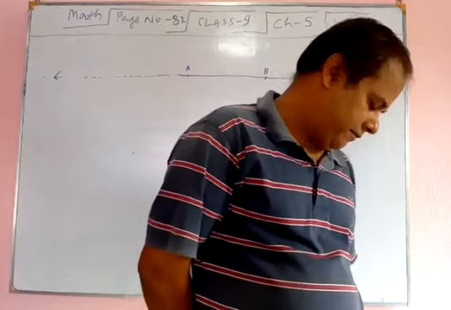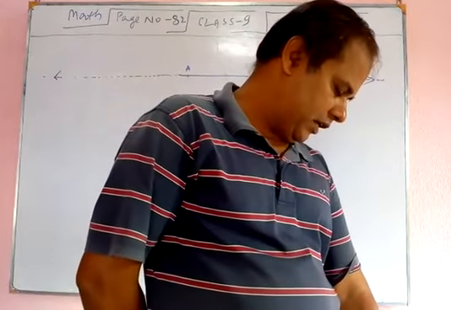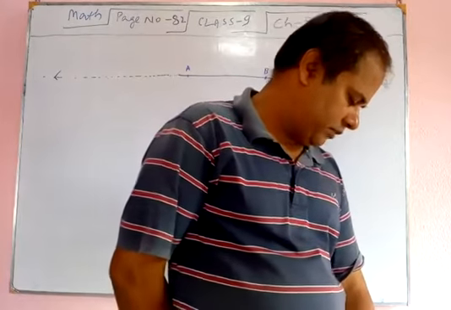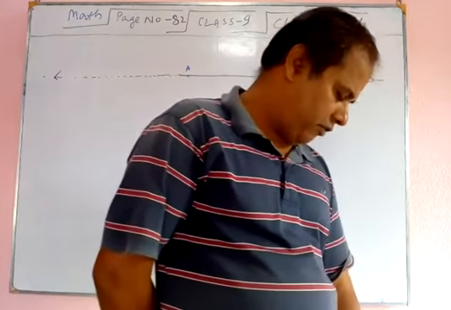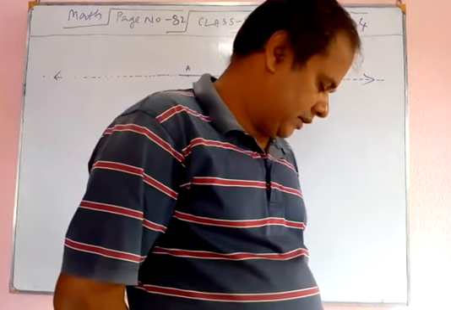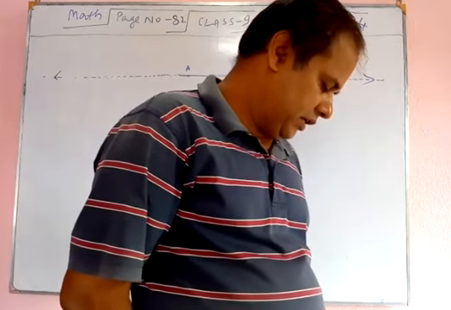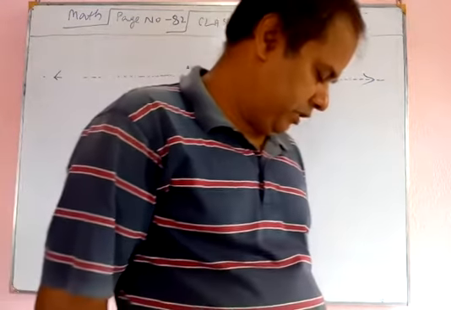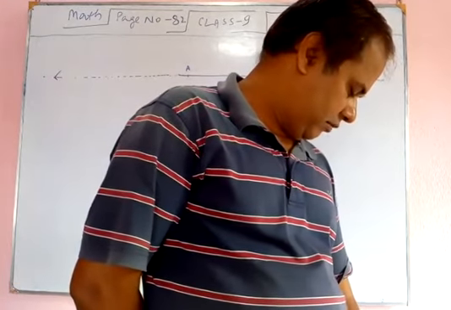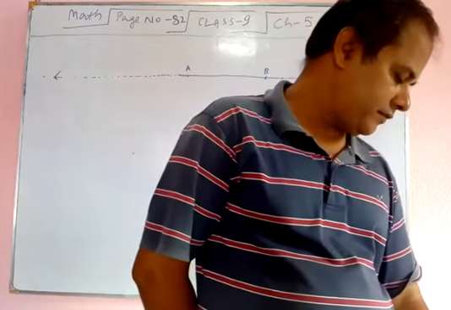Postulate number 5: if a straight line falling on two straight lines makes the interior angles on the same side of it taken together less than two right angles, then the two straight lines, if produced indefinitely, meet on that side on which the sum of angles is less than two right angles.